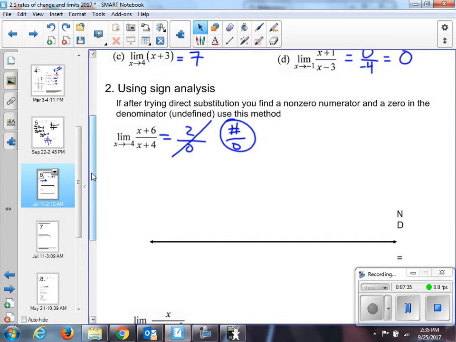Now, I have n and d on the right of this little number line here. Meaning, my numerator, I'm going to just put, like I labeled it this time. I wouldn't normally label it. I think you can see this. X plus 4.